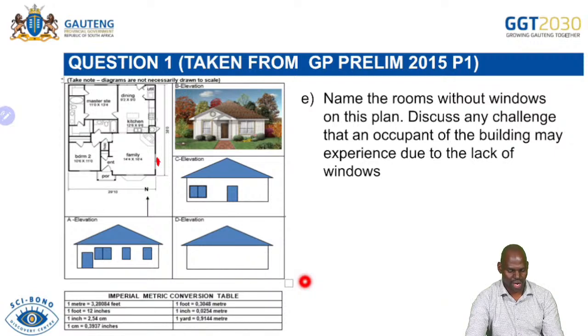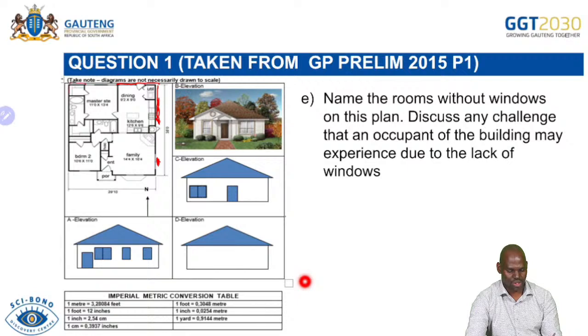But if you check on this side, there's no window, there's only a door. Again, if you look on this one, there's a window there in the master bedroom.